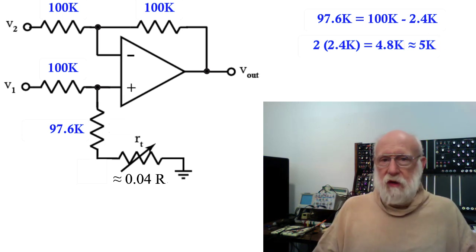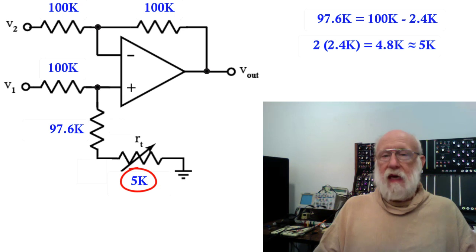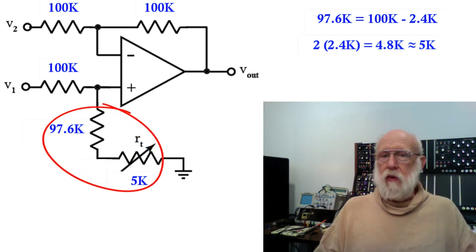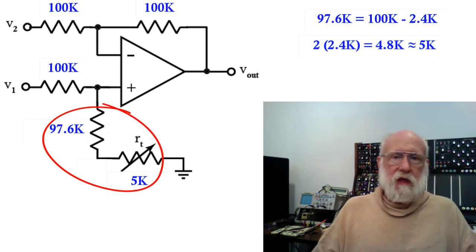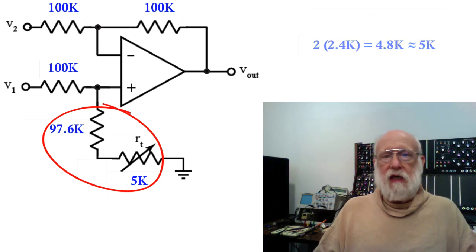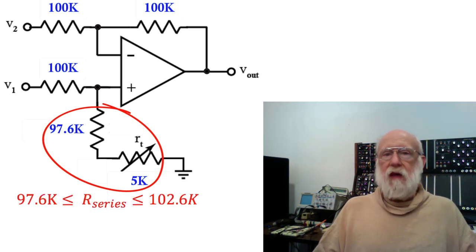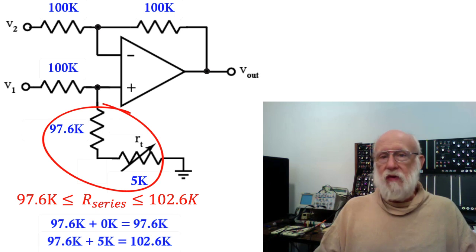So you put this 5K potentiometer in series with this 97.6K. So nominally with 97.6K in series with up to 5K, then you could adjust this about 2% to either side of 100K.